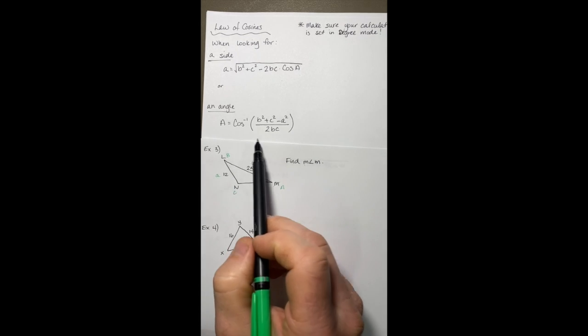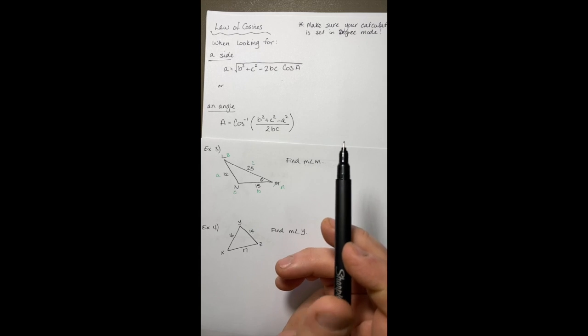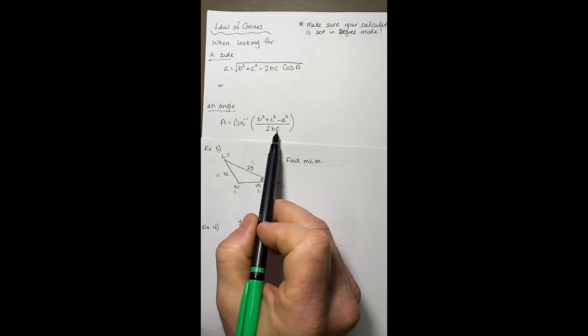Notice in here, there are no angles. Whenever you're trying to find an angle using the law of cosines, they don't give you any angles. They have to give you 3 sides. That's why there are only sides, and we know that because they're all lowercase.